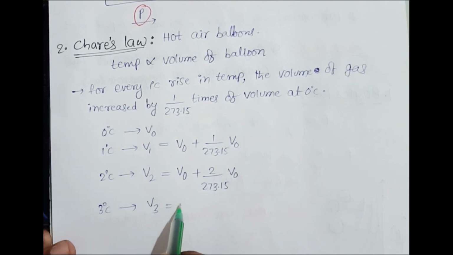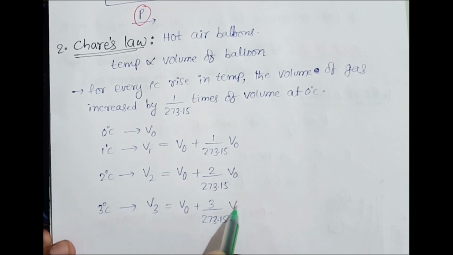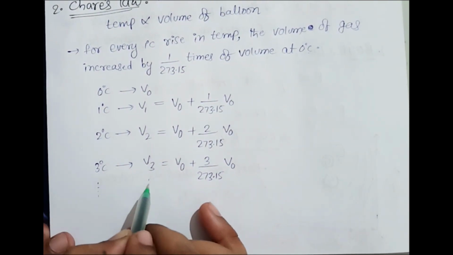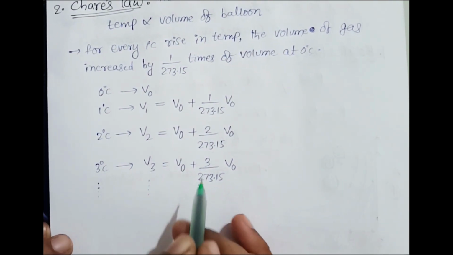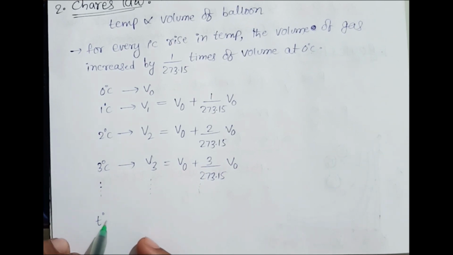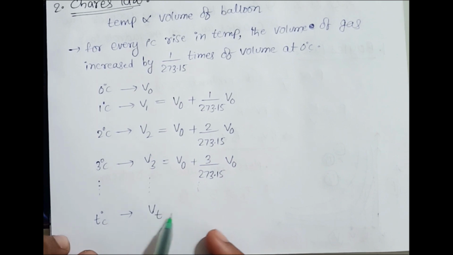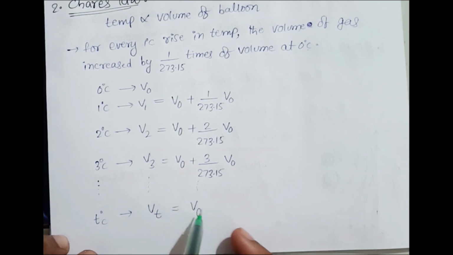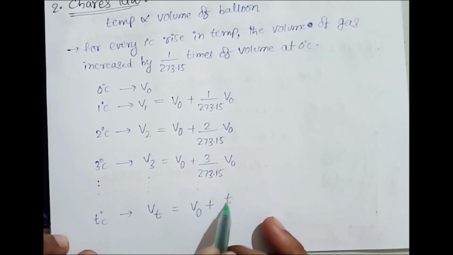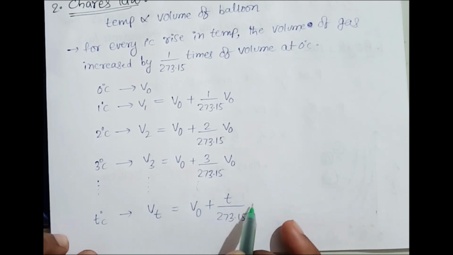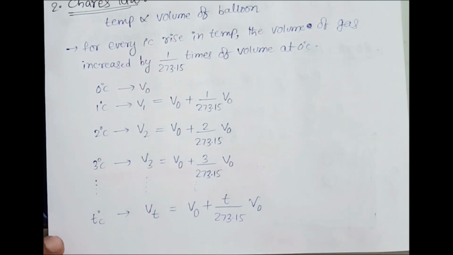V3 is equal to V0 plus 3 by 273.15 times of V0, and it goes on. So at T Celsius, the volume of gas will be Vt, which is equal to V0 plus T upon 273.15 times of V0. Right.